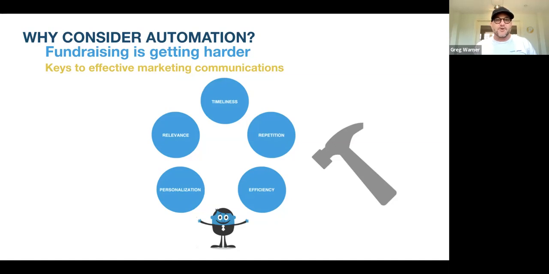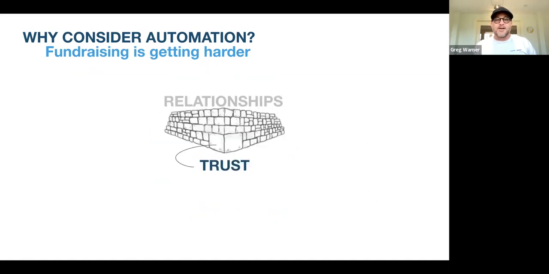You want to be careful because they could go either way. Now, what these tools can possibly break is relationships. They could diminish trust if they're used in the wrong way. And as we just talked about, trust is already declining. So we want to use these tools properly to build relationships and build trust, not to diminish them.